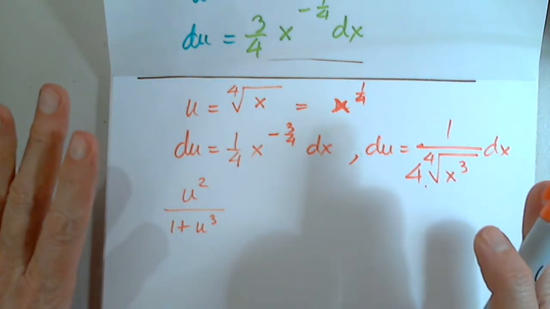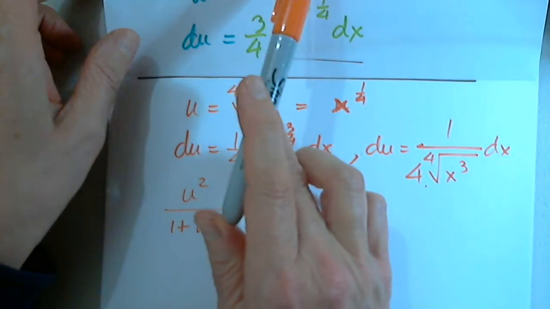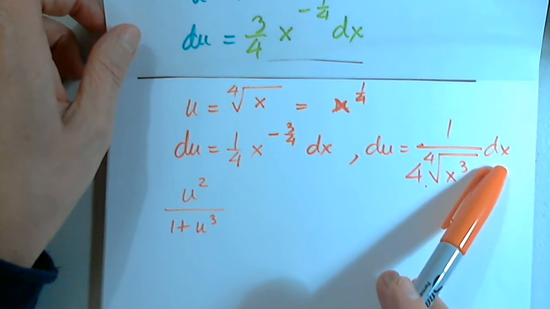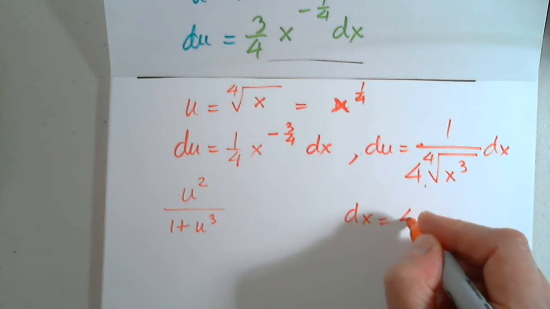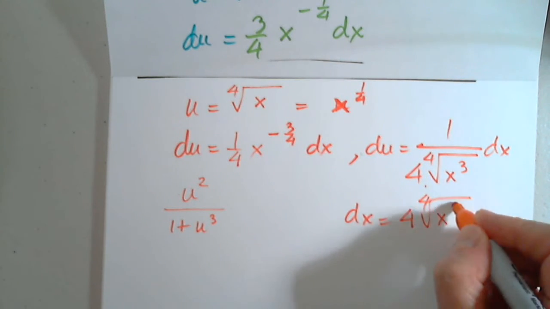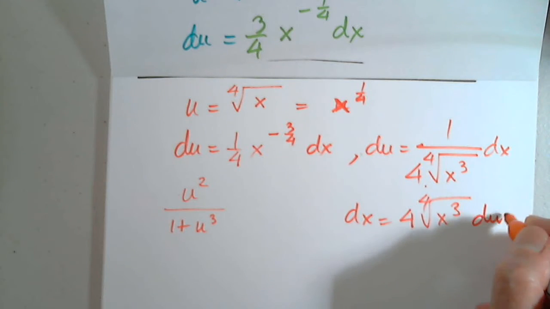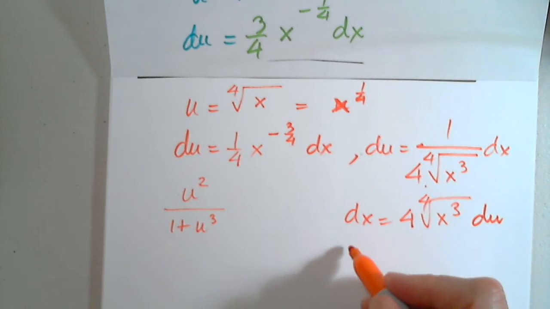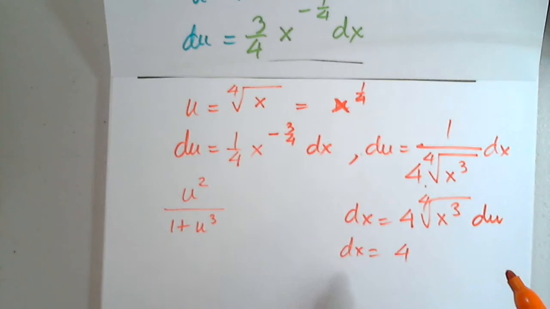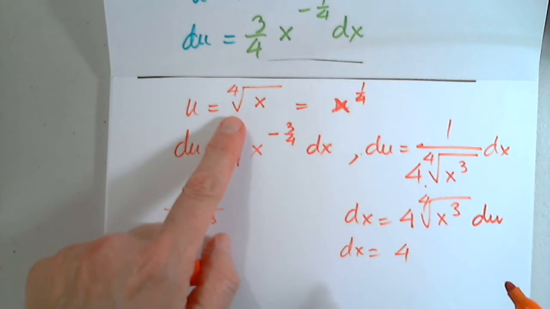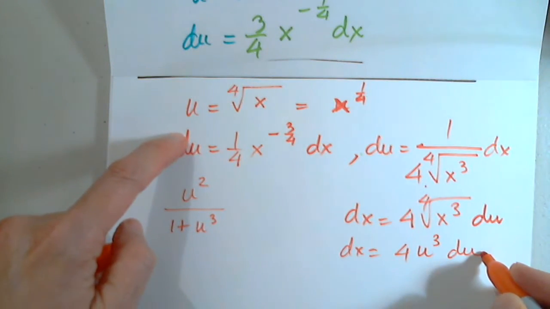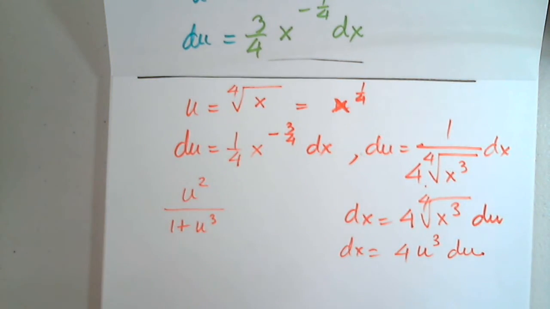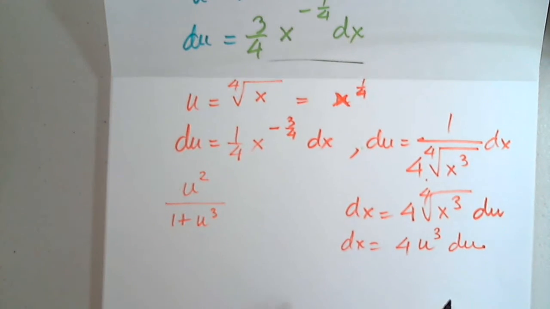Not on this problem, however. So on this problem, I have to solve for dx. So dx, multiply both sides by this. So dx will be 4, the fourth root of x to the third du. So dx will be 4, the fourth root of x to the third, which is basically u to the third du.